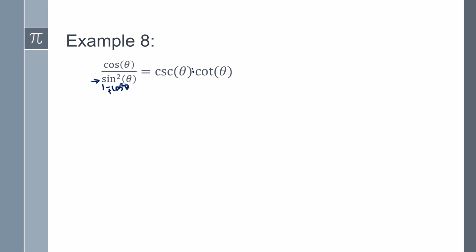So then it's like, okay, maybe that's not what I want to do. So maybe let's try the other side. So this would be 1 over sine theta, and then this would be cosine over sine theta. And so then these multiplying across. You get that.